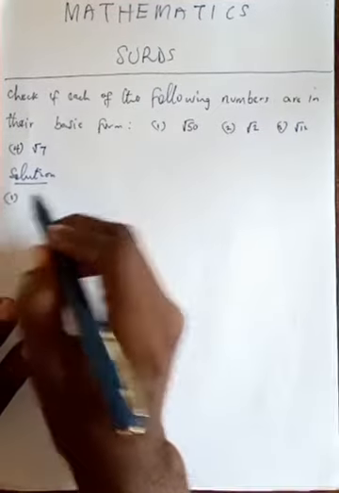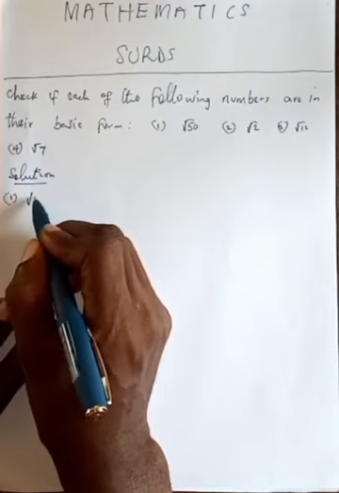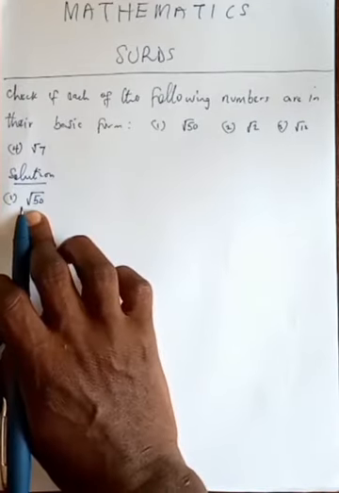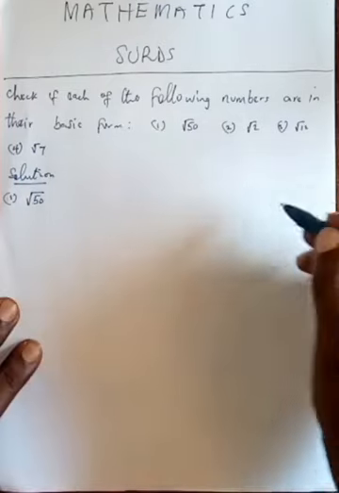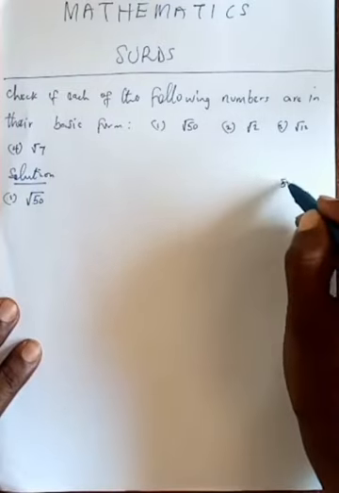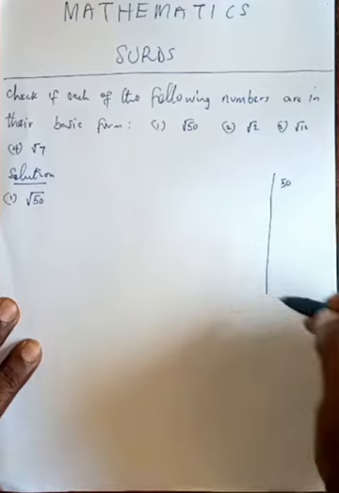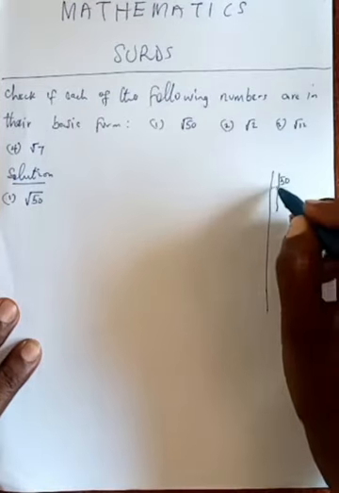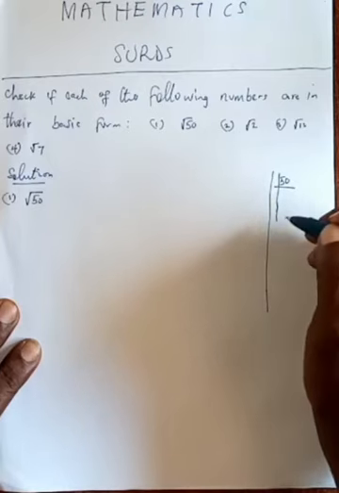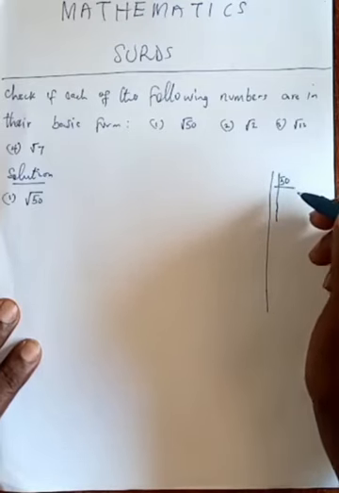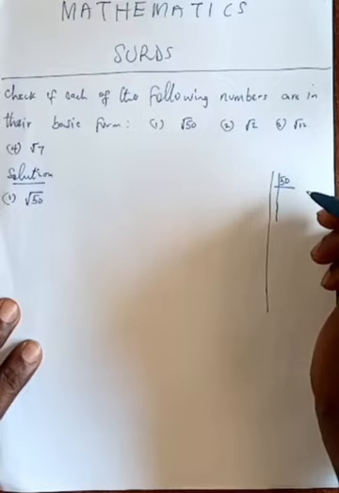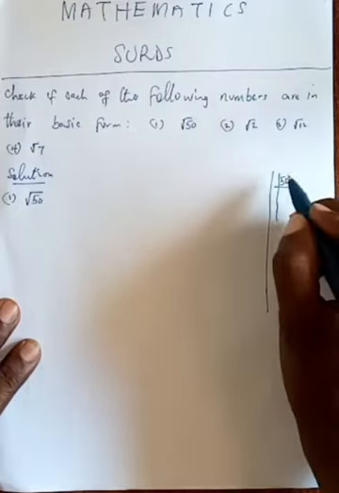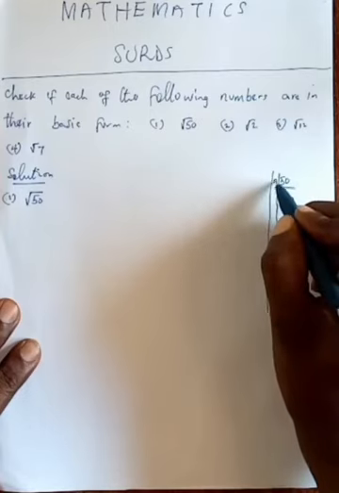So to number 1, I will write the number given to me there, that is root 50. To check whether this number is in its basic form or not, I can position 50 somewhere else where I do the rough working, and I will reduce this number until it becomes 1. Reducing it means I will continue dividing it with a given prime number until this number becomes 1. The simplest prime number I can use to divide it is 2.